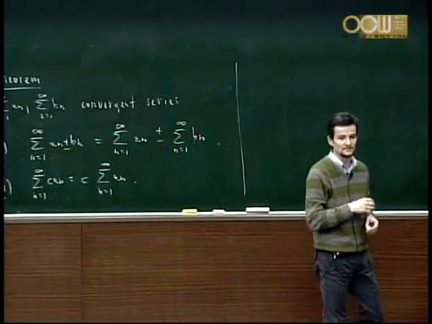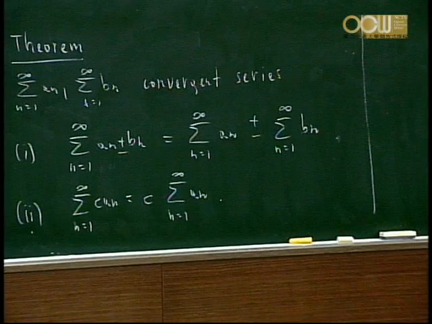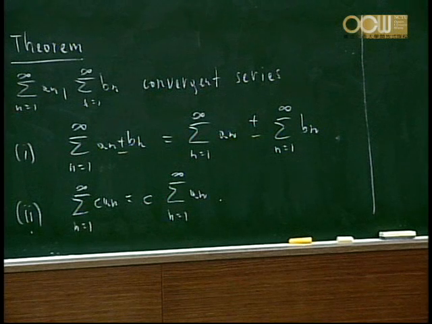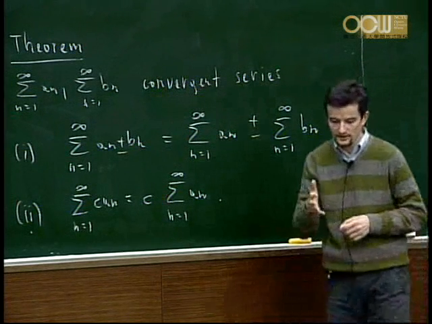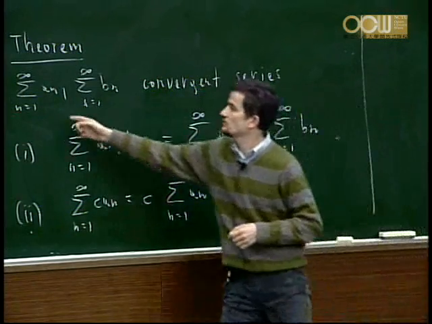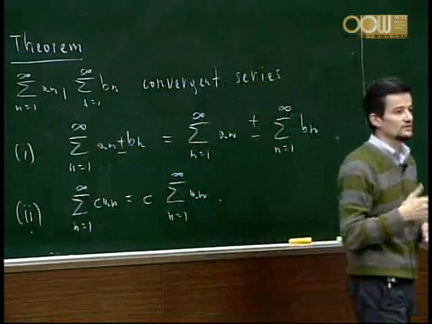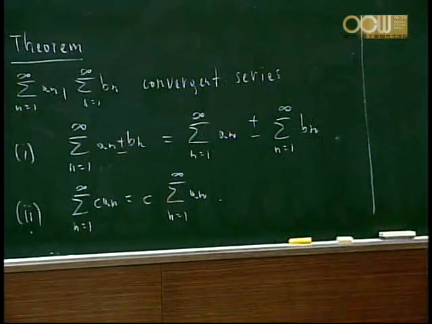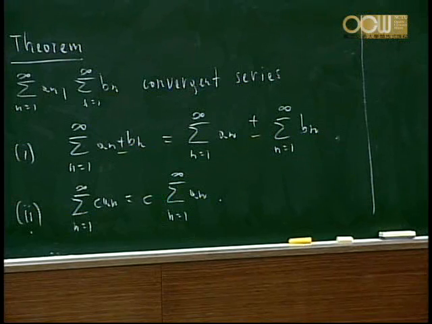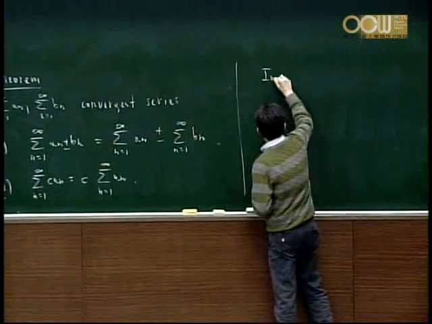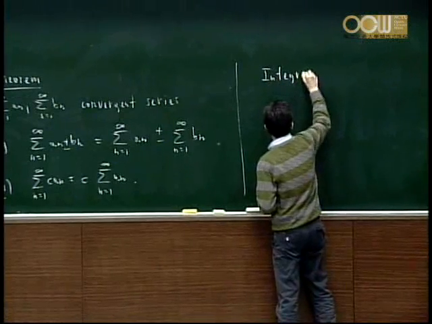We will see examples why this is sometimes convenient, but it's trivial that if the series where you have removed a finite number of terms is convergent, then the original series will be convergent as well. It's a trivial remark. Now, the first test we are going to discuss is the so-called integral test.